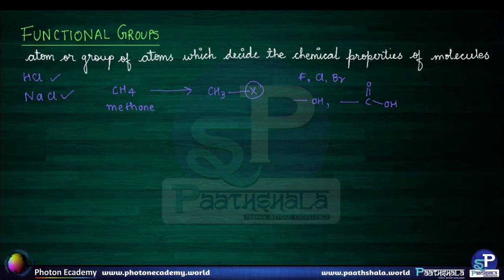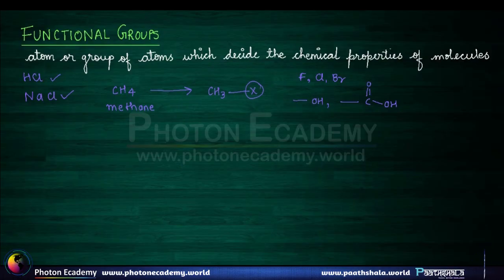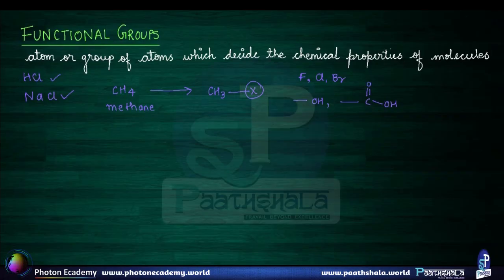So this X decides the chemical properties of the molecule and hence it's known as the functional group of the organic molecule. As it is very clear, there are various different combinations possible for this X. So it overall increases the possible variety of organic molecules and hence increases the abundance of organic molecules around us.